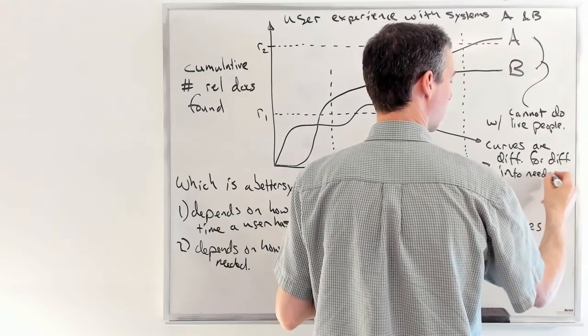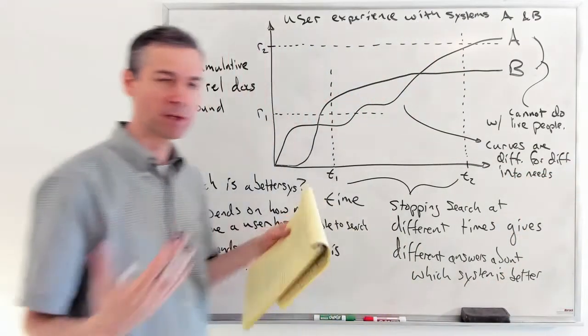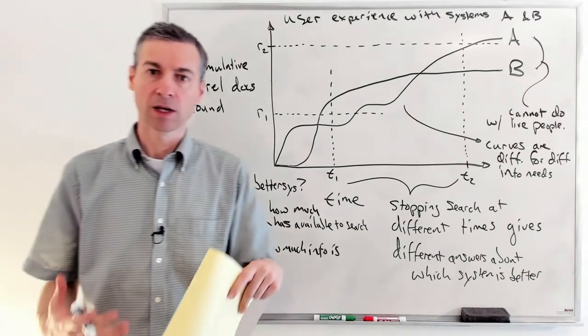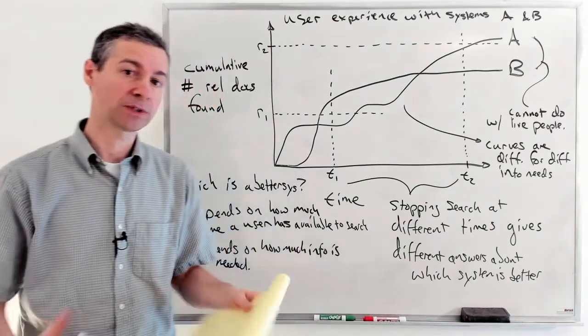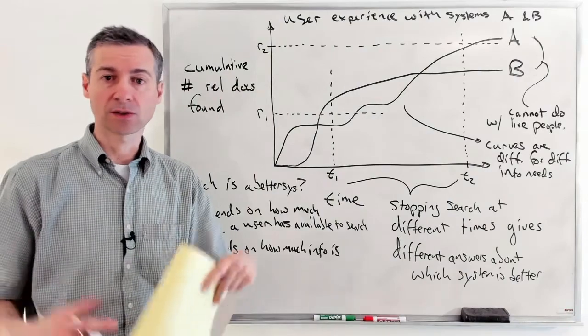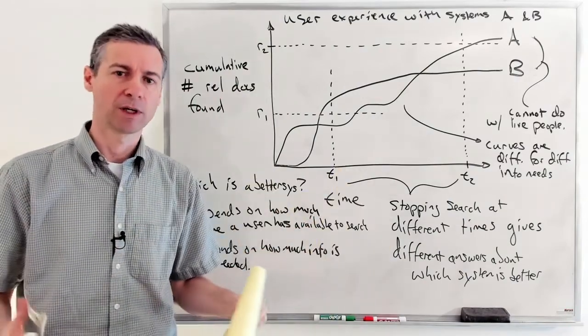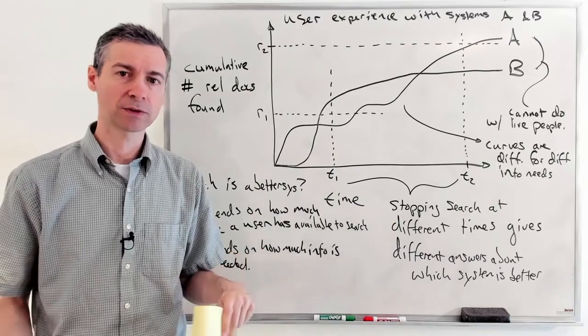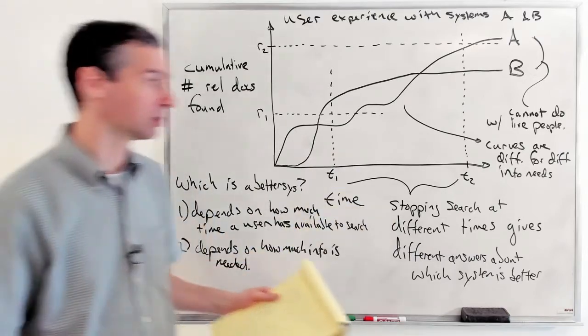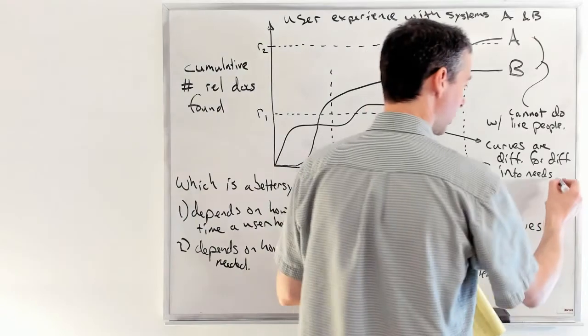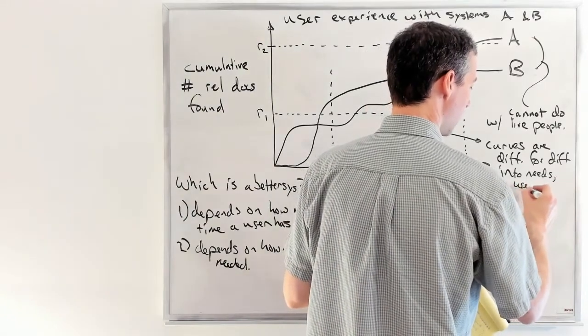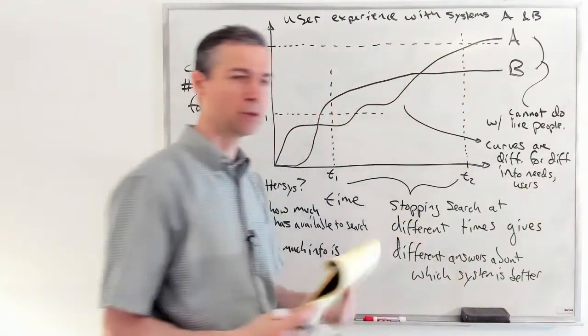That's because the information systems can behave differently for different things that we're looking for. Some of them might be really good at finding things about celebrities, but really bad for scientific research. It's just possible. All right. Likewise, these curves would be different for different users.